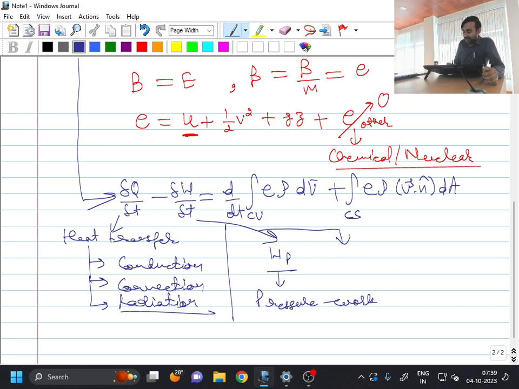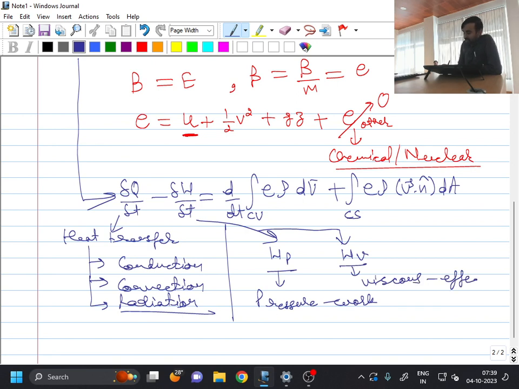Then another surface force involved is viscous dissipation, so I can say work because of the shear stresses coming from the viscosity. I can call this work because of the viscous effects.